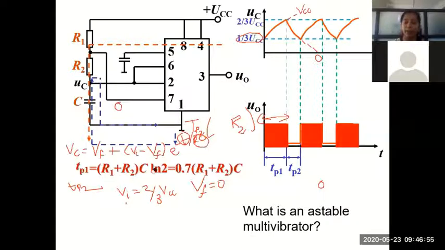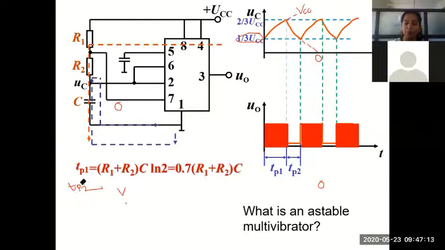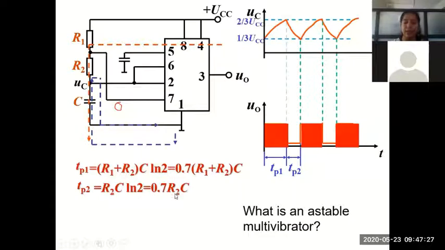So if I substitute Vi as 2/3 VCC, Vf as 0, t as TP2, and RC as R2 into C, and make all these substitutions, again the expression for TP2 will turn out to be R2 into C ln of 2, or 0.7 R2 into C. So these are the expressions for on time and off time in an astable multivibrator.